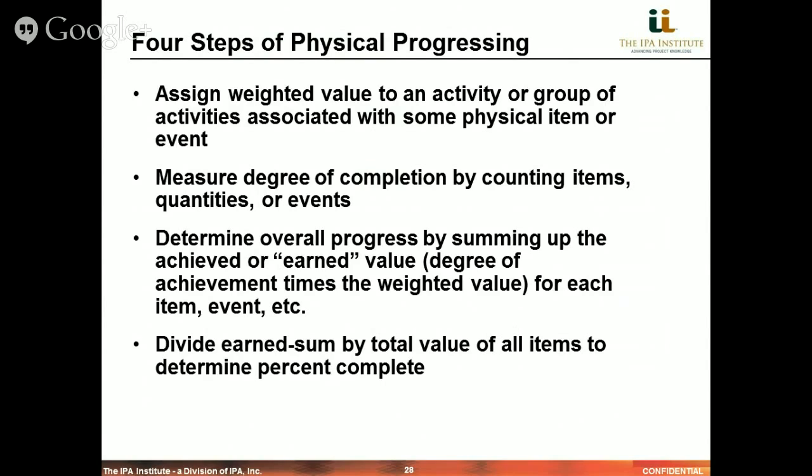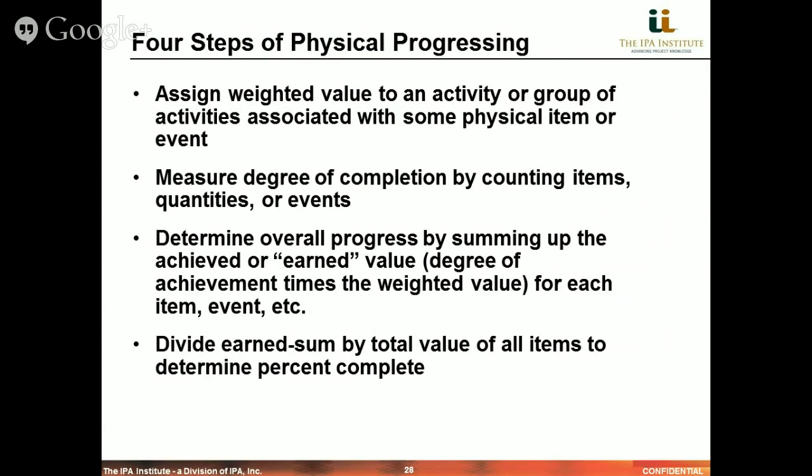So if we have completed 5,000 linear feet of pipe and the overall estimate is to have 10,000 linear feet of pipe, then we're obviously complete with 50% of the planned installation.